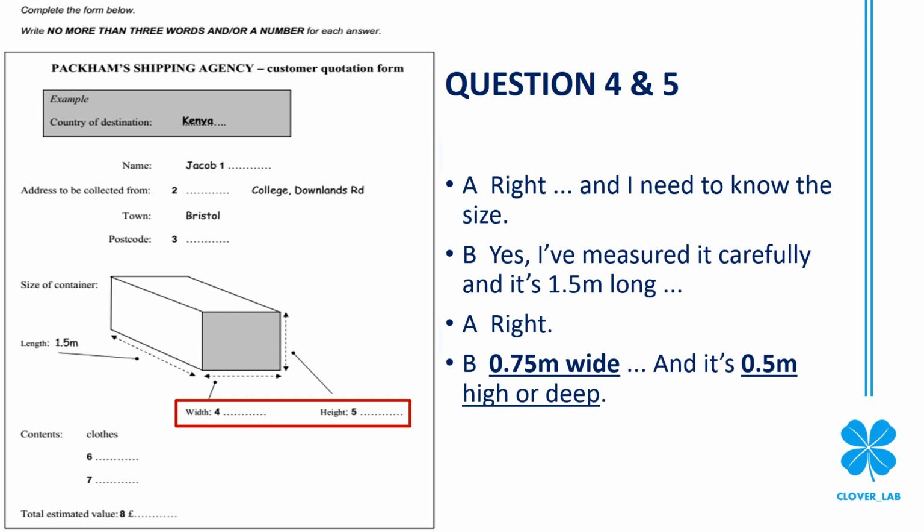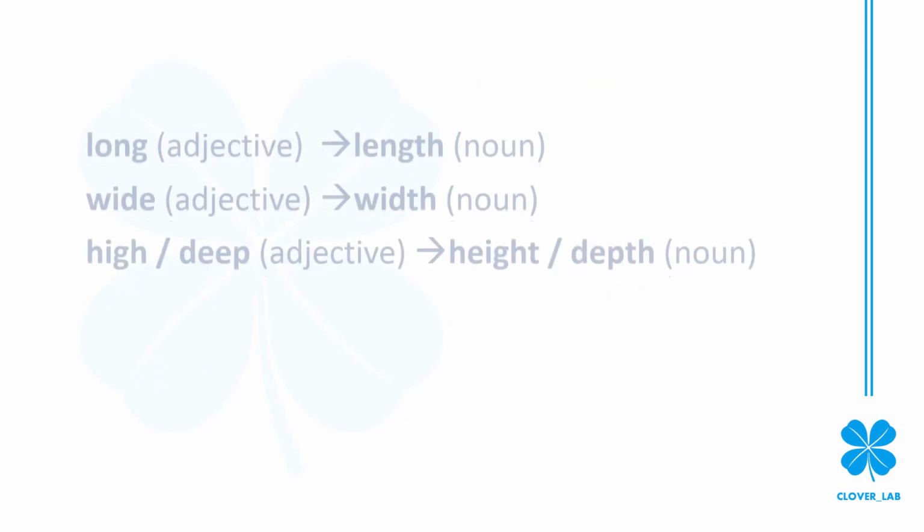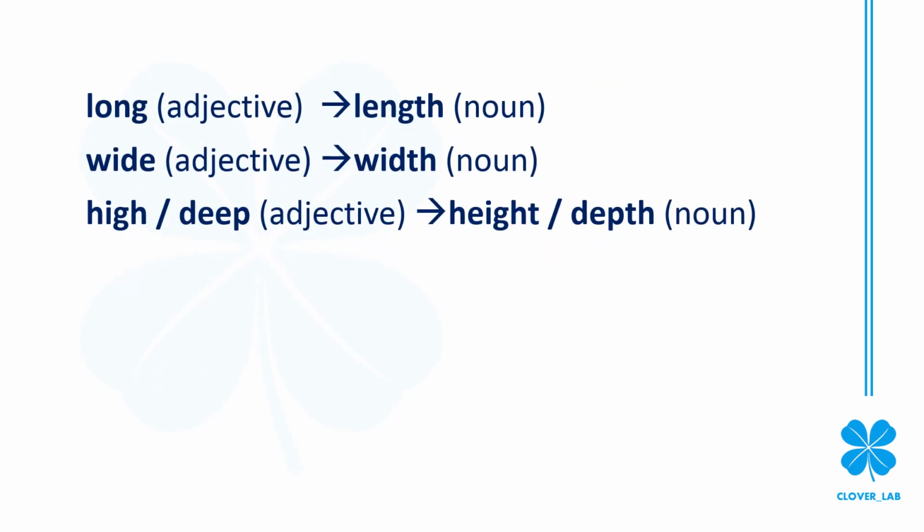Look at this. Long is an adjective, right? But if you change that to length, it becomes a noun. The same goes for wide and width. And high, deep are also adjectives. You can find the nouns, height and depth.